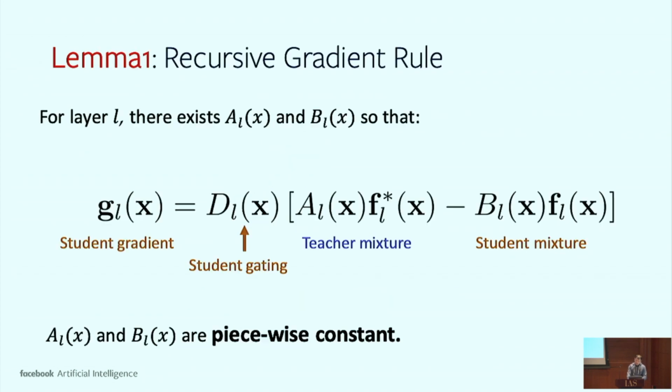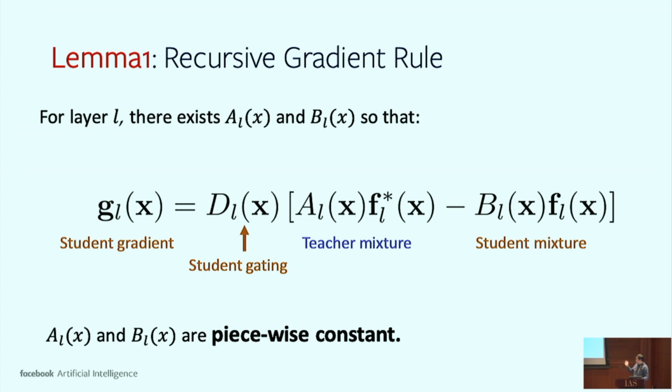In order to do the analysis, the first thing we can do is to state a first lemma that establishes a relationship between the student gradient and all the teachers' activations as well as the student activations. This holds for arbitrary depths of ReLU networks. You can prove it by starting from the topmost layer and then doing a mathematical induction from the top layer all the way to the lowest layer.